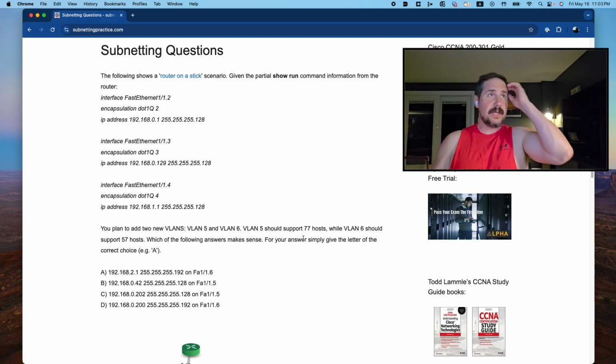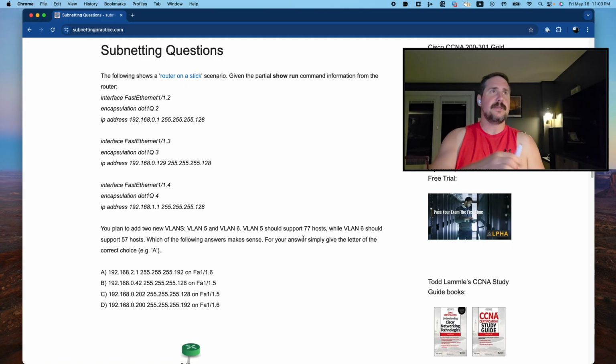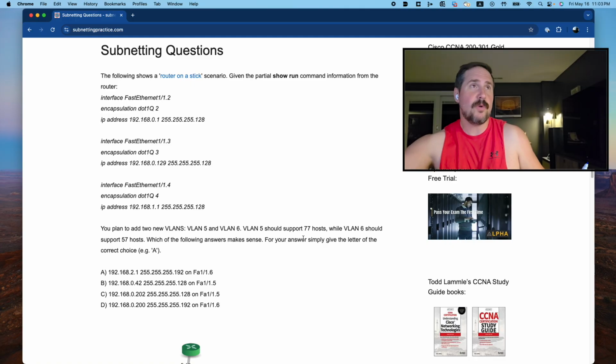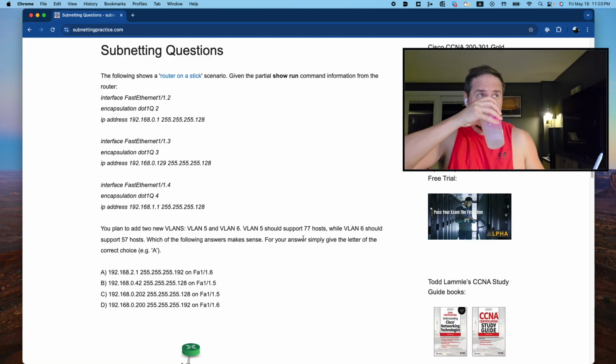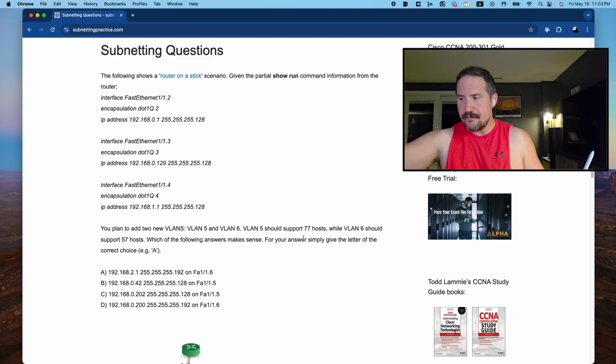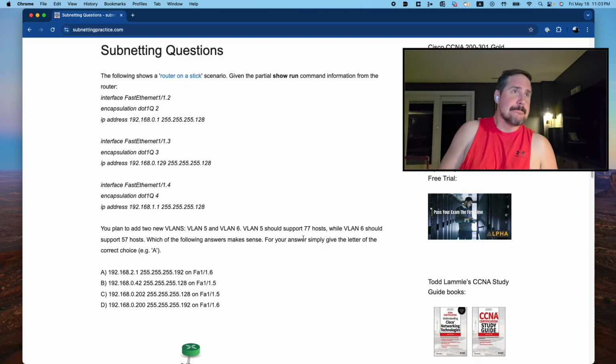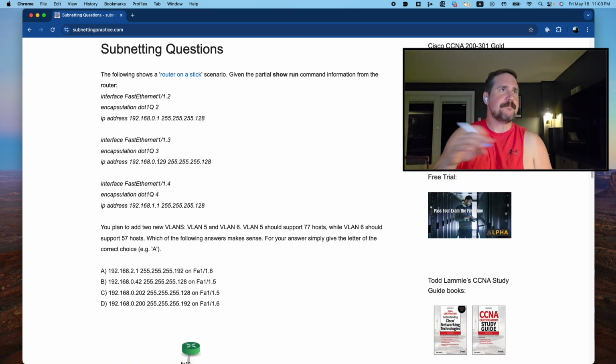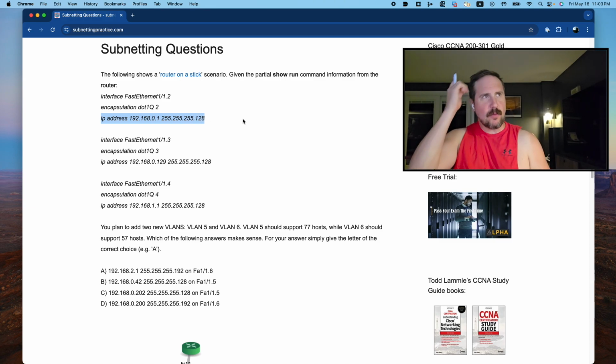All right, so next up, the following shows a router on a stick scenario. Given the partial show run command information, first thing I'm going to do is figure out how much space is already used up. All right, so for the first one, .128.